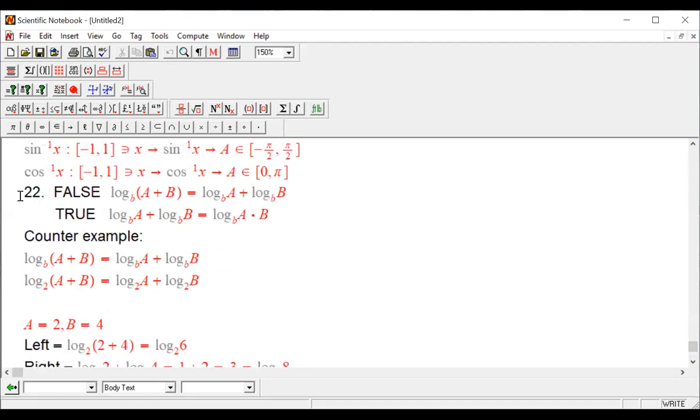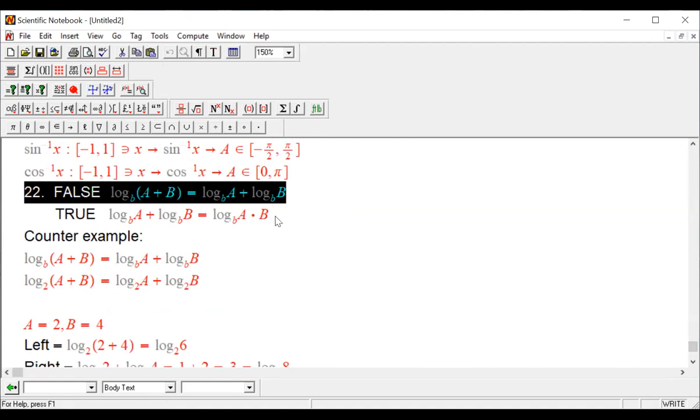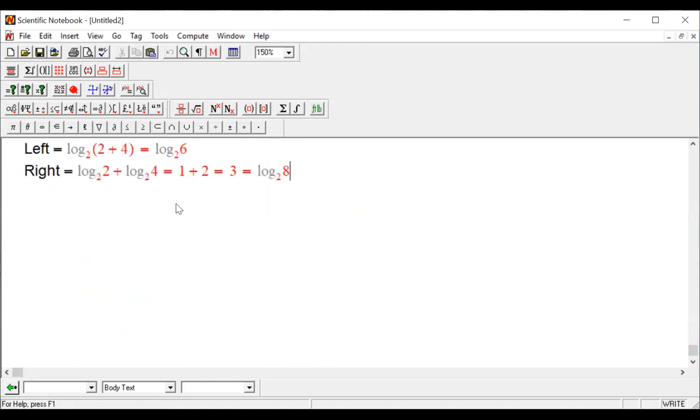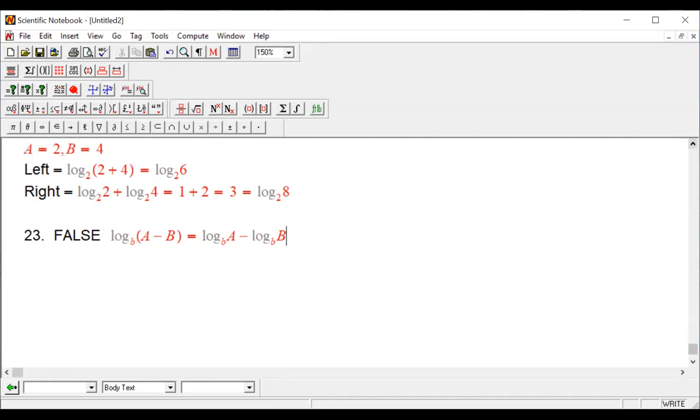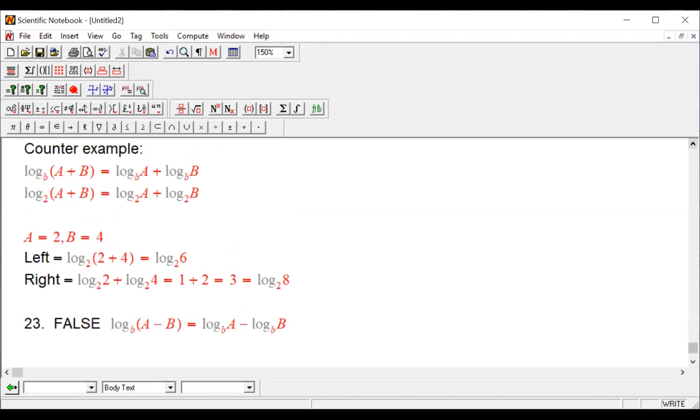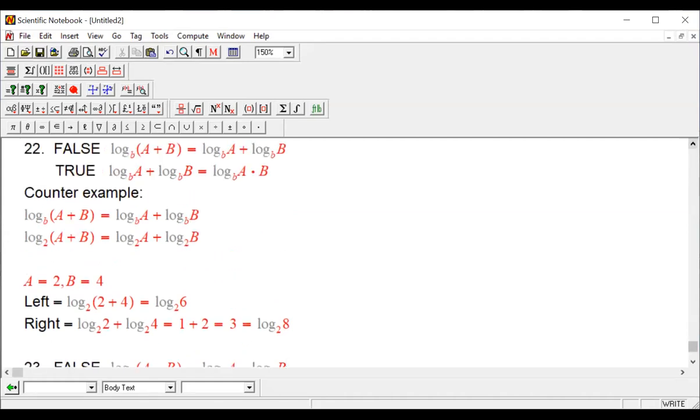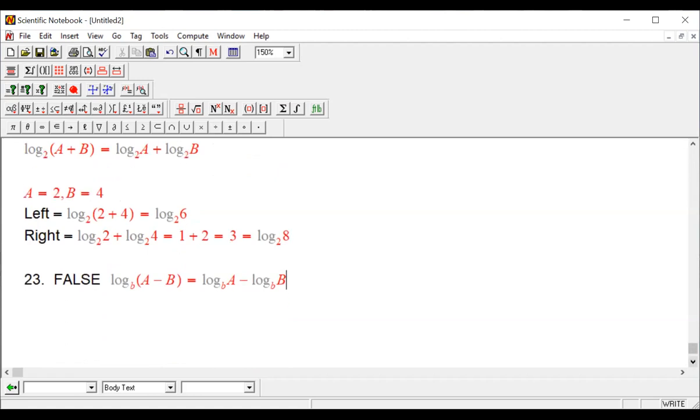Okay. Number 23 is that if we have subtraction, of course not, right? If we have subtraction, it's a terrible mistake. It's a horrible mistake. It's a very bad mistake. Okay, that's false.